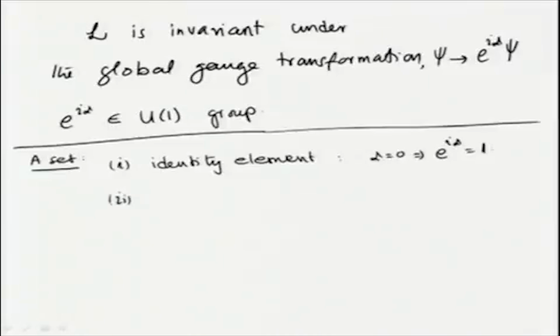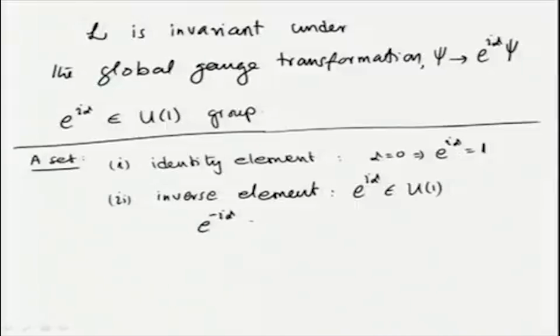Second, it should have an inverse transformation. So, for group theory, there is an inverse element, which means that if e power i alpha is an element of U1, then e power minus i alpha is also an element of U1.